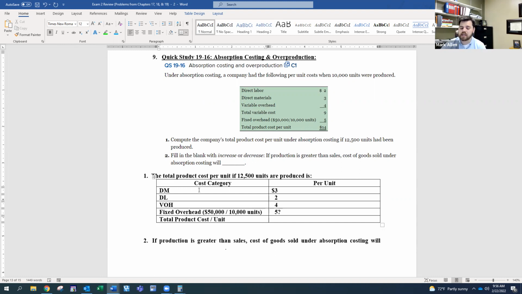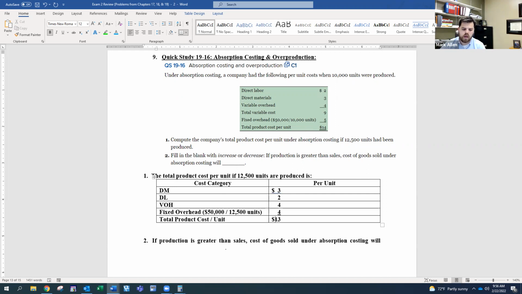But that's not the case anymore. In this case, they're saying, oh, we actually produced 12,500 units. So this is actually now spreading that cost out over more units. Therefore, less cost is being assigned to each individual unit. This will come down to give you a total product cost per unit of $13. So very good. So there's this one.